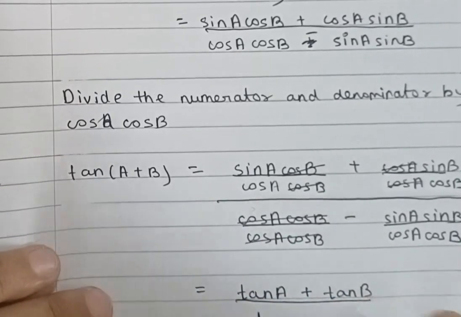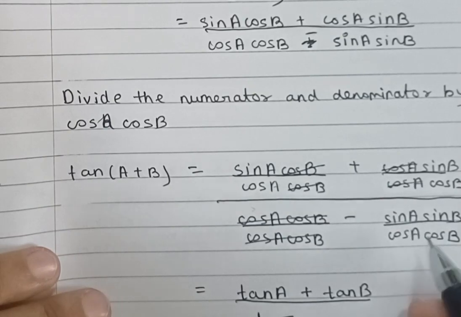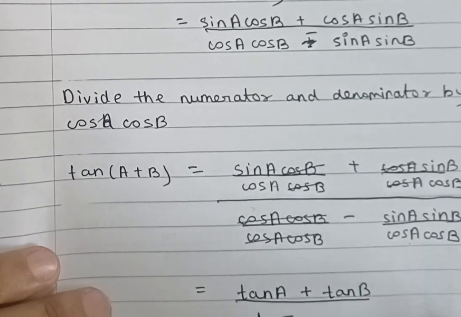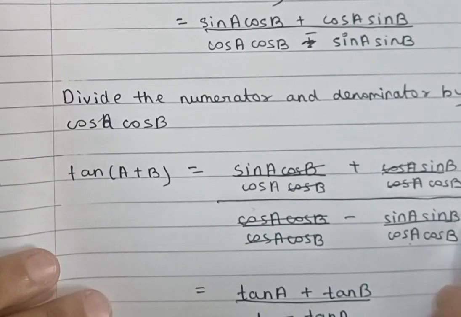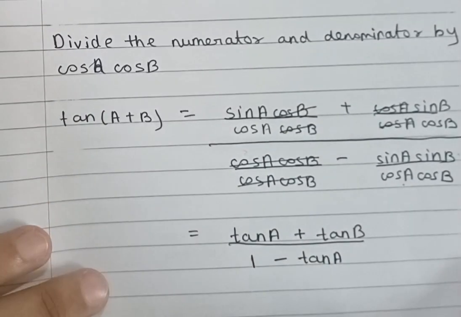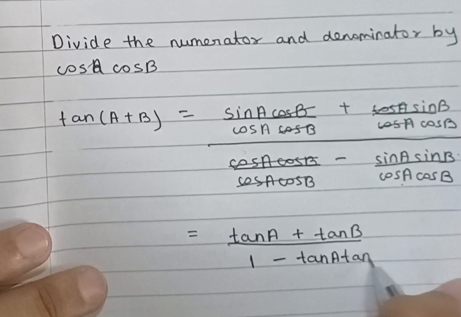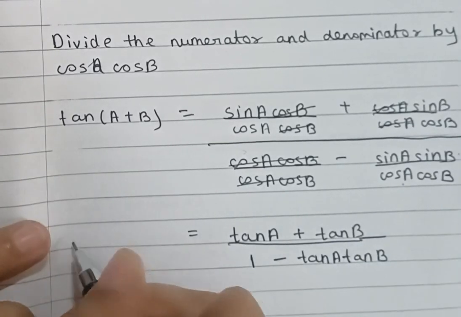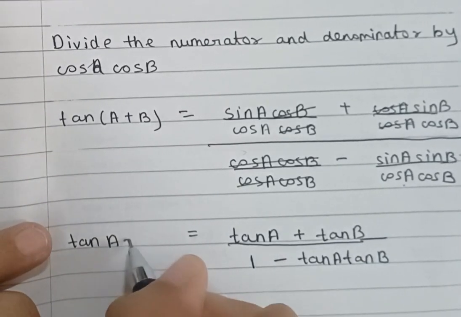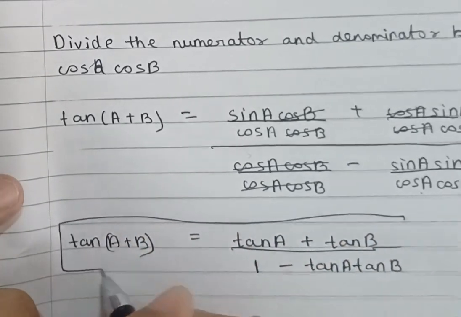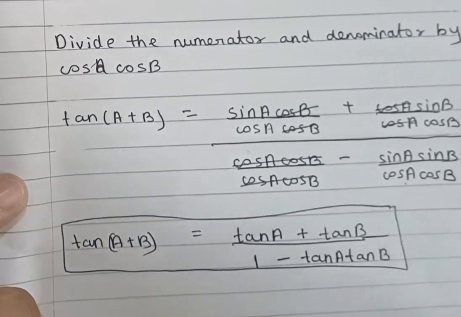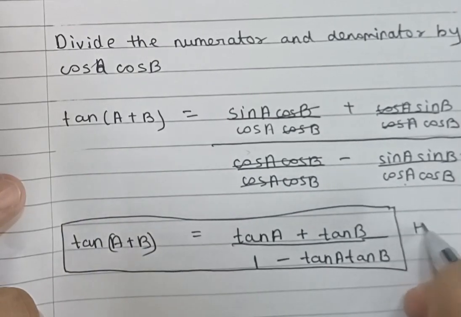So 1 remains minus. Now here it is sin A by cos A, which is nothing but tan A, in multiplication with sin B cos B, right, which is nothing but tan B. So we get a formula. We have proved the theorem number 5. So this is the proof of theorem number 5. Hence proved.